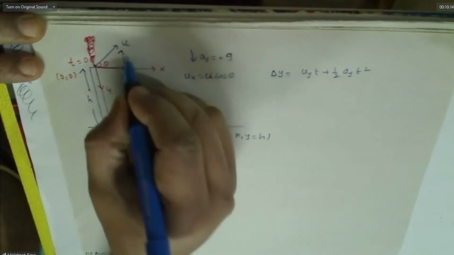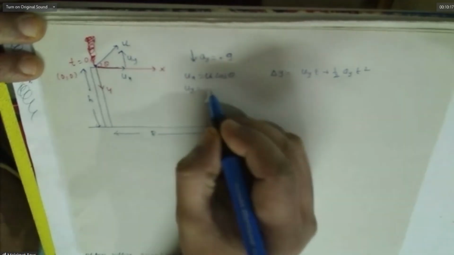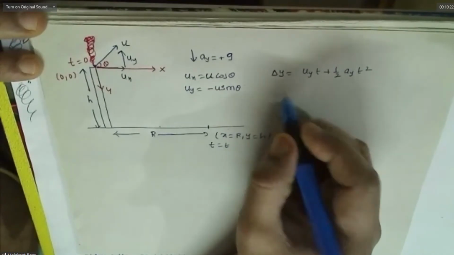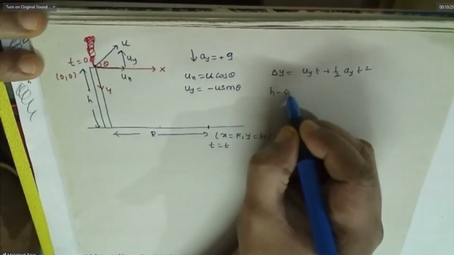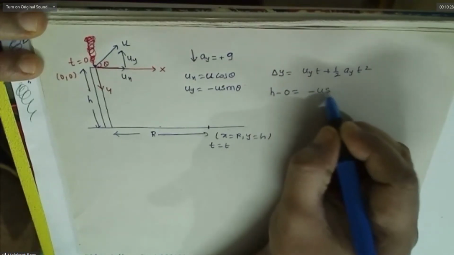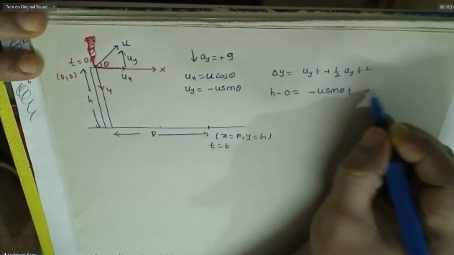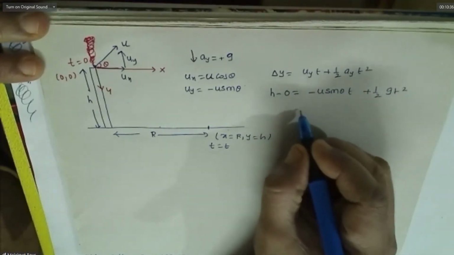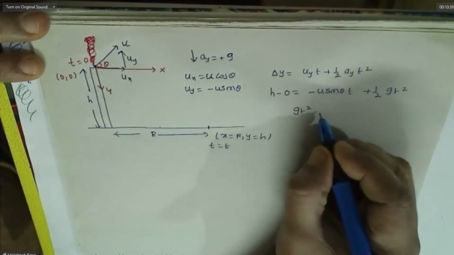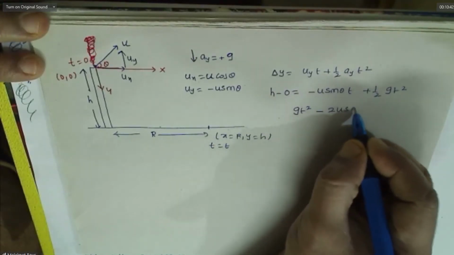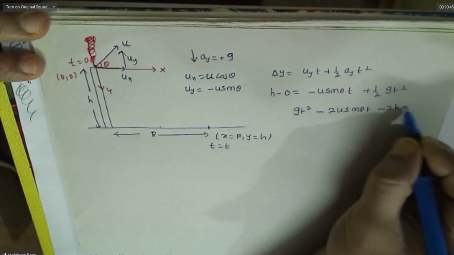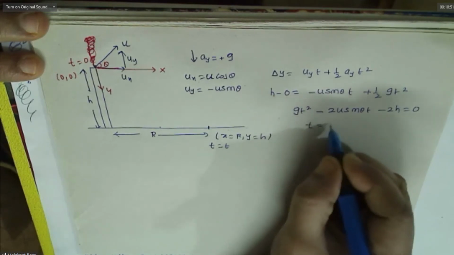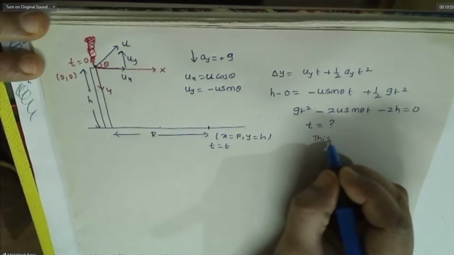This is u_y now, which is upward, that's why negative. So delta y, final minus initial, equals minus u sin theta t plus half g t squared. This is nothing but g t squared minus 2u sin theta t minus 2H equals 0. Agreed? If you solve for this, you will get t. This gives the time of flight.